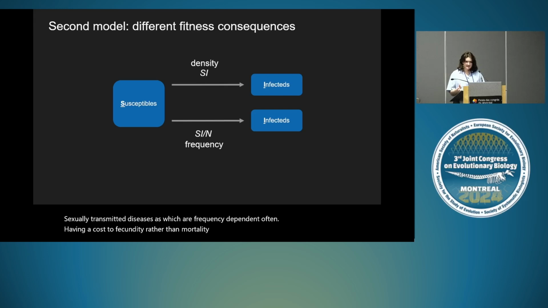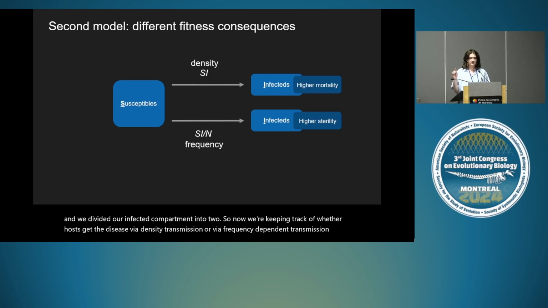So I relaxed this assumption in the model, and we divided our infected compartment into two. Now we're keeping track of whether hosts get the disease via density transmission or via frequency-dependent transmission. And we make the hosts infected through density dependence have a higher mortality, and a higher sterility for the other class.